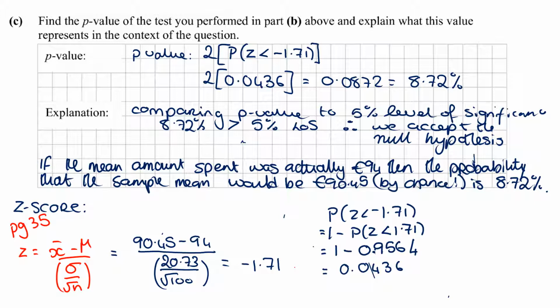And because that 8.72 is greater than the 5% level of significance, that's why we accept the null hypothesis.